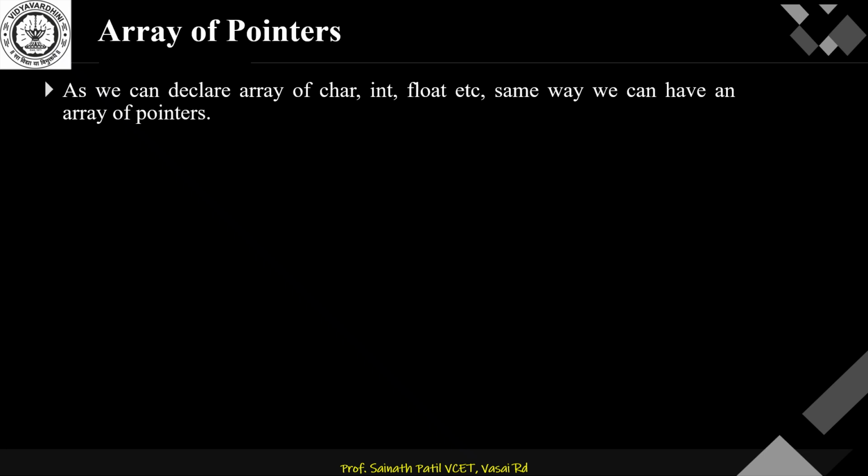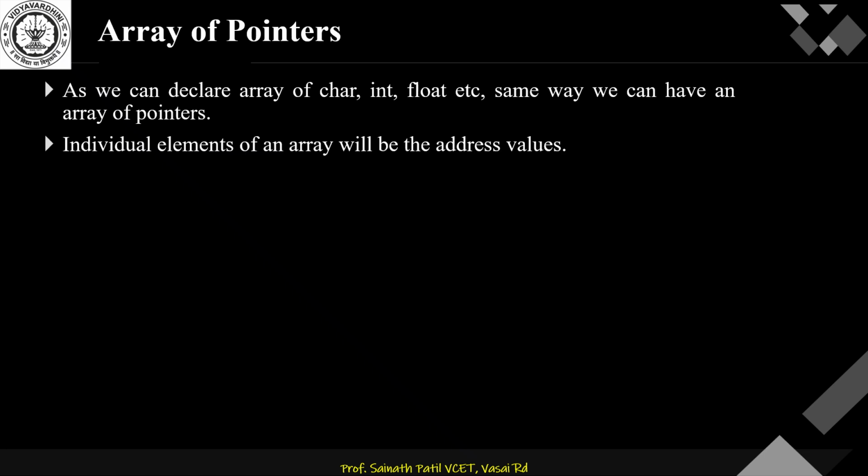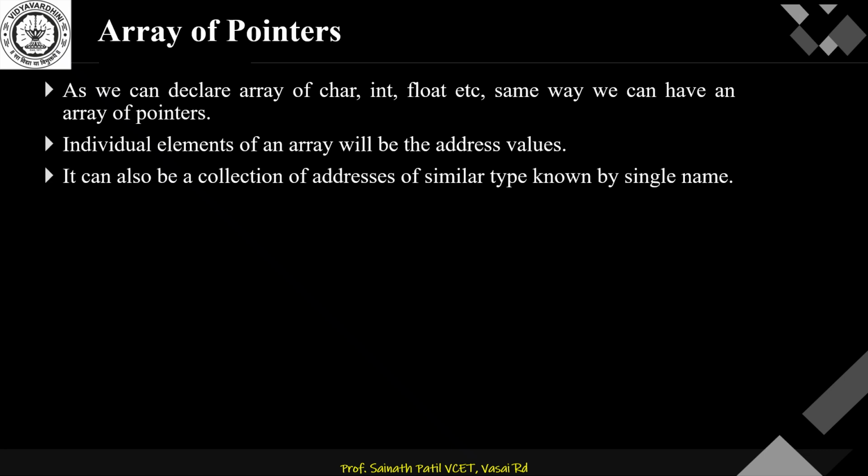Why can't I collect all those 5 pointers together and store them in successive memory locations so that it becomes an array? The array elements will then be address values. It is a collection of addresses of similar data type, known by a common name, so we call it an array of pointers.